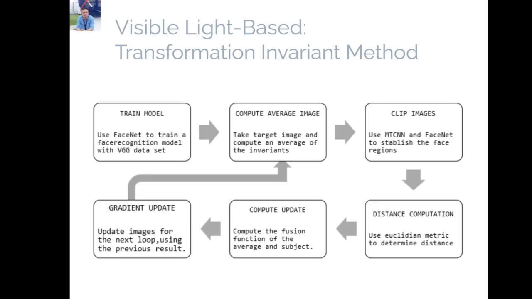Each transformation is assumed to be equally likely, therefore it has the same weight in the average. Then we sum this average and the temporal image, which are clipped to 255, representative of the maximum value in an RGB scale. We compute the distance using a metric scale, and then we run the process until the predefined number of steps or the threshold of this distance is reached.